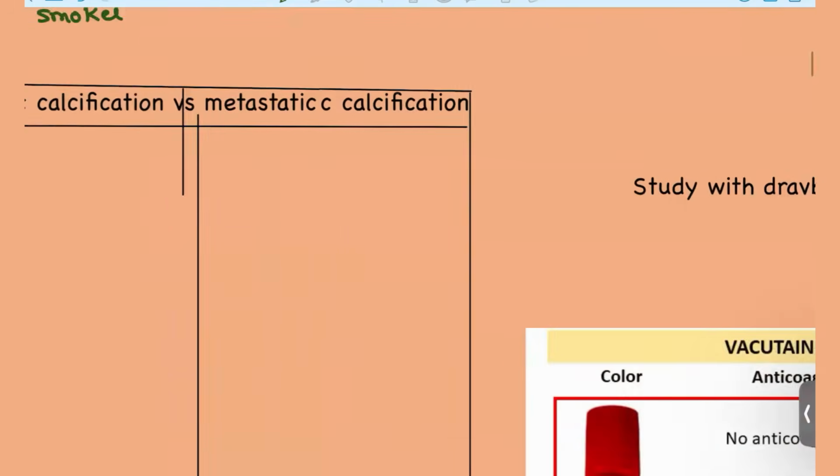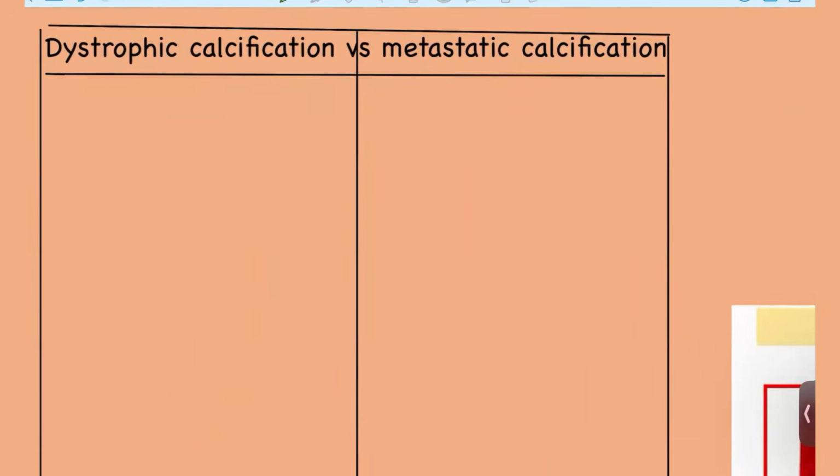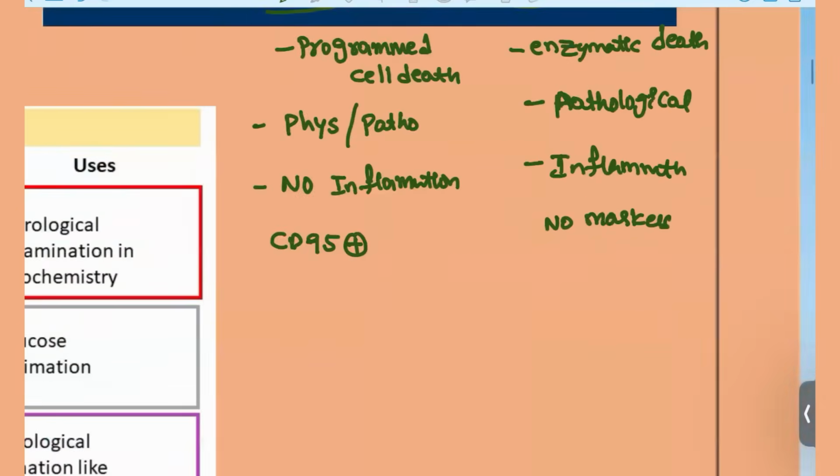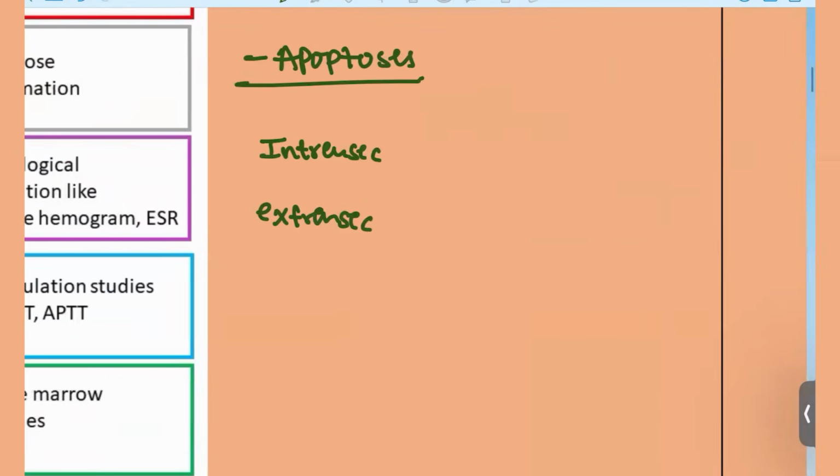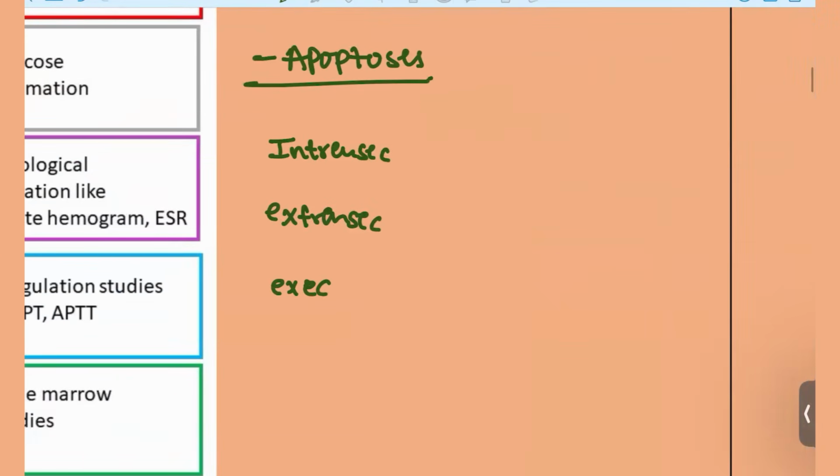Next, coming to dystrophic calcification, but before that, we also see some of the important points of apoptosis. When I say apoptosis, there are two pathways: the intrinsic pathway and the extrinsic pathway. Ultimately, all these have to enter the execution phase, the killing.